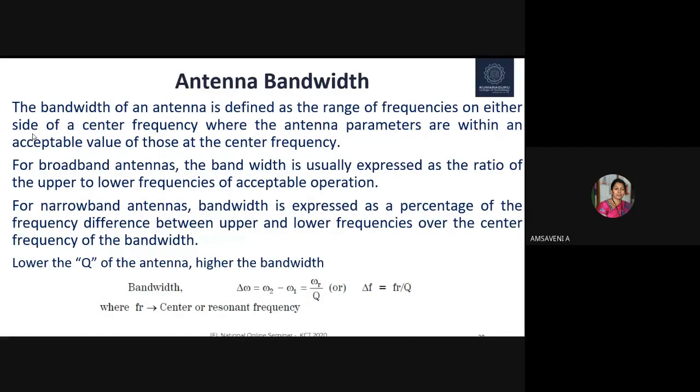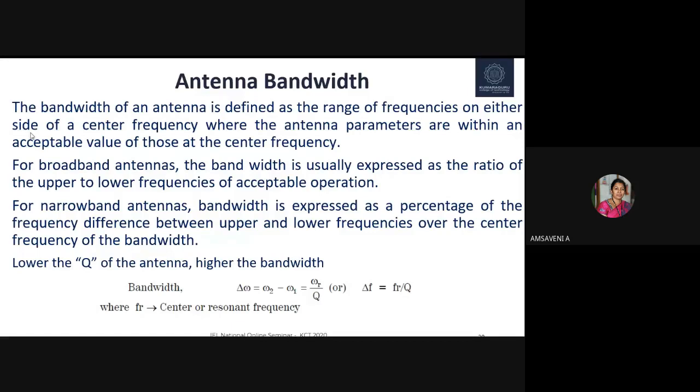For example, you know the various antenna parameters: directivity, radiation pattern, gain, beam width, polarization, efficiency. So these are antenna parameters. For example, the antenna gain is 5 decibels at the center frequency, and the center frequency may be 100 megahertz. Suppose your antenna provides the same gain from 80 to 120 megahertz, the bandwidth is then 40 megahertz.